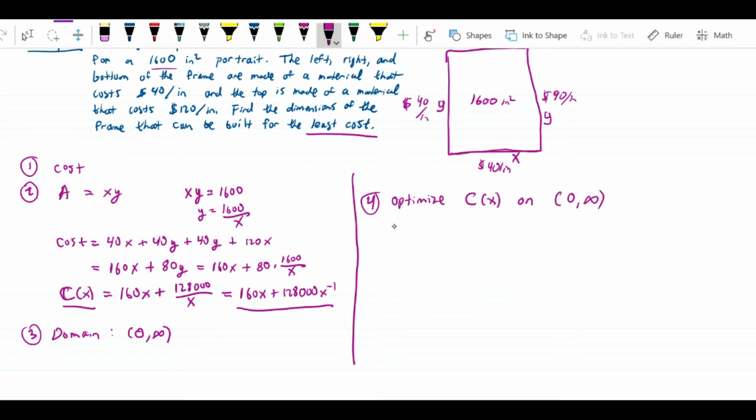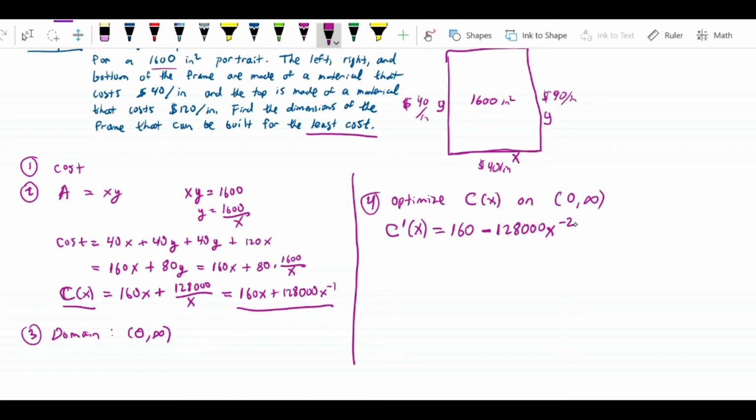So let's find the critical points. C prime of x is going to equal 160 minus 128,000 x to the negative 2.